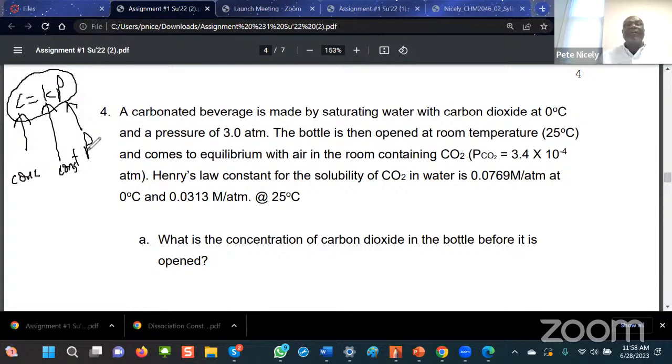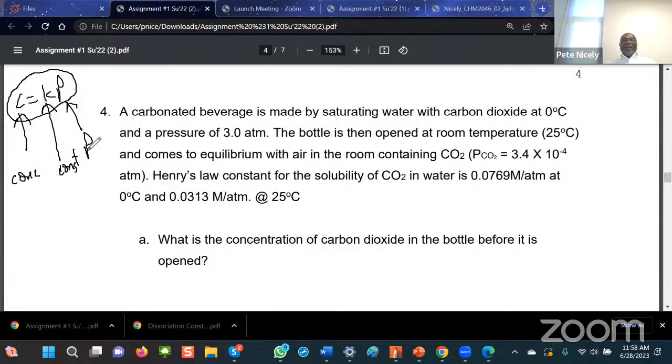All right. Okay. So number 4 says a carbonated beverage is made by saturating water with carbon dioxide at 0 degrees Celsius and a pressure of 3.0 atmospheres. The bottle is then opened at room temperature, 25 degrees Celsius, and comes to equilibrium with air in the room containing carbon dioxide, where the pressure is 3.4 times 10 to the minus 4 atmospheres.